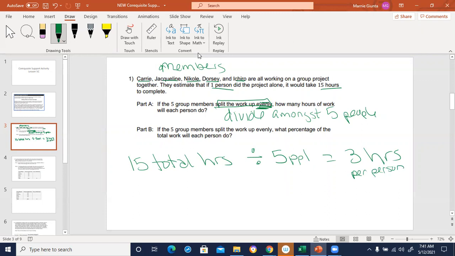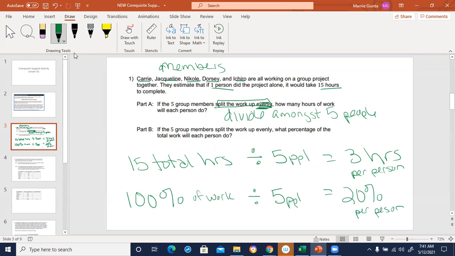In part B, it says if 5 group members split up the work evenly, what percentage of the total work will each person do? Well, you can use this same concept. 15 hours is 100% of the work. You're going to divide that evenly amongst 5 people, so then you are going to get 20% per person.